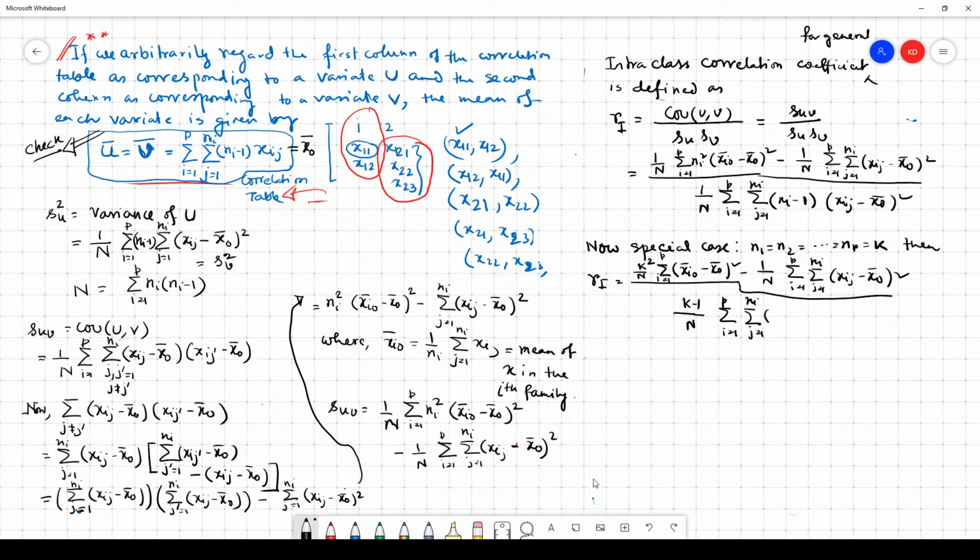Not ni, this should be k, better to write k, of (xij minus x naught bar) whole square.